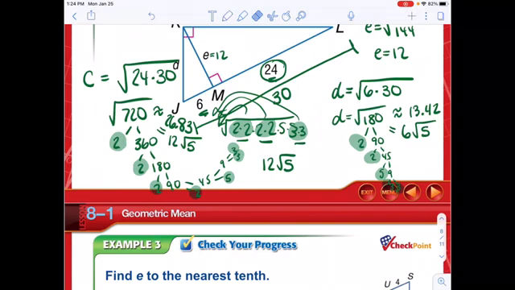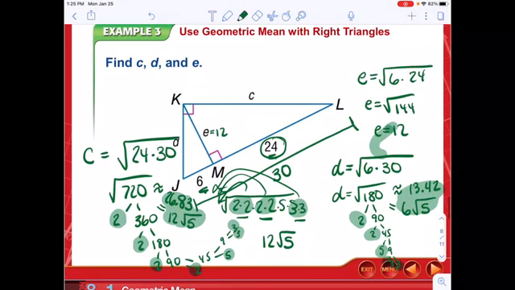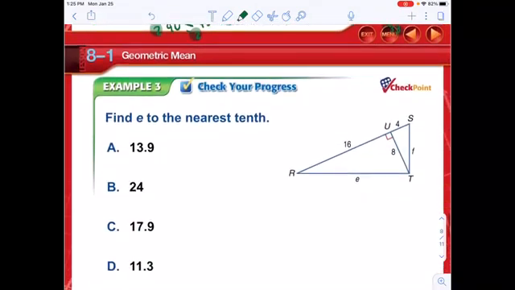All right, so there's C, here's D, and here's E. If you wanted to, you could have solved for C using Pythagorean theorem and went on your merry way, okay?